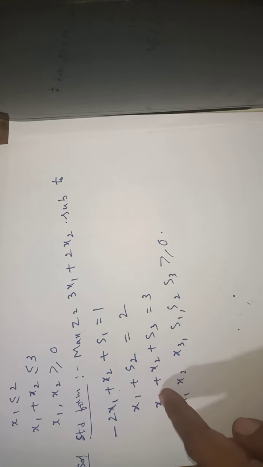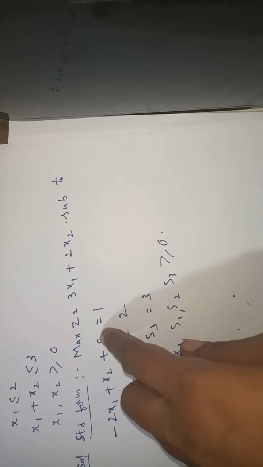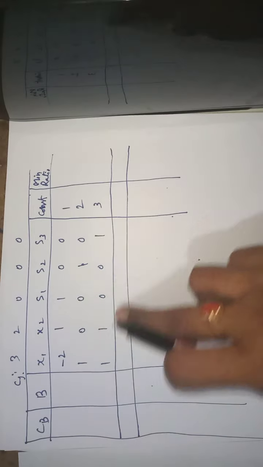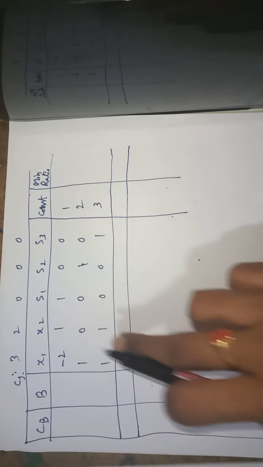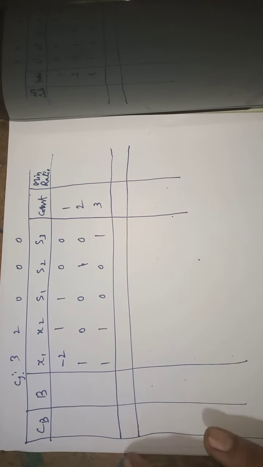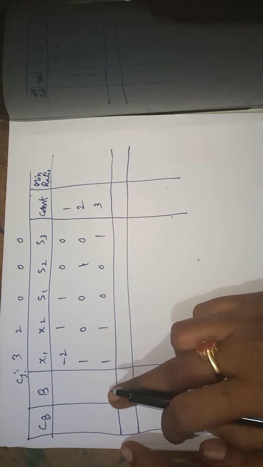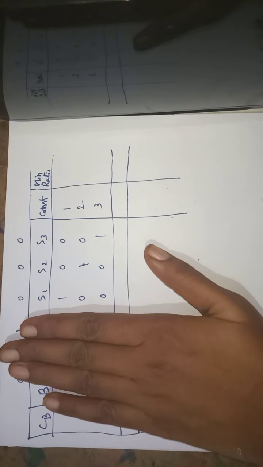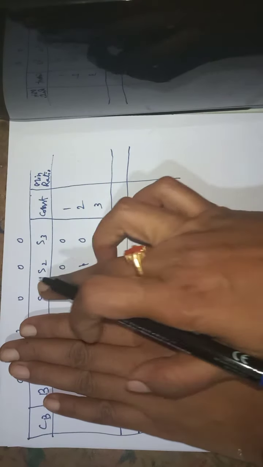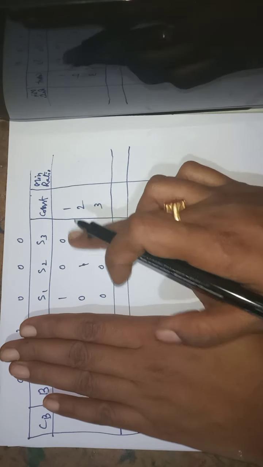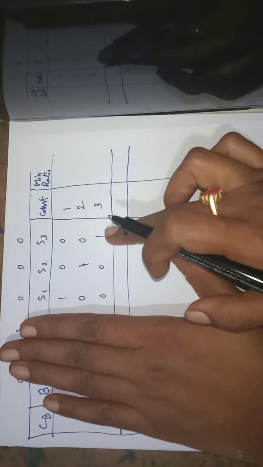Using the three constraints, I wrote the coefficients of x1, x2, s1, s2, s3 here. This is the body of the simplex table. Now we have to fill this column as well as this column. B means basic variables. If you observe the columns of s1, s2, s3, we have 1 0 0, 0 1 0, 0 0 1.